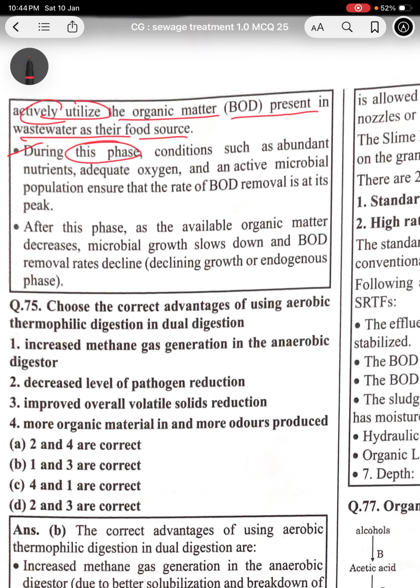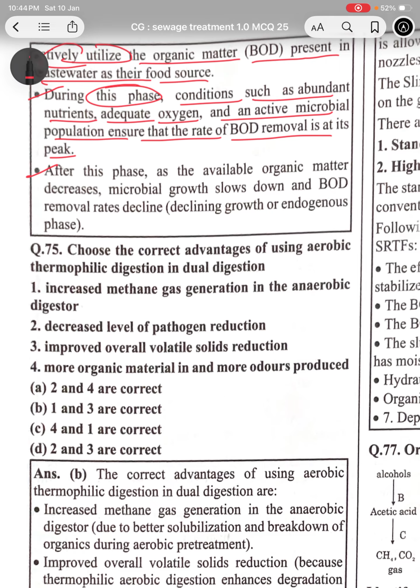During this phase, abundant nutrients, adequate oxygen, and an active microbial population ensure that the rate of BOD removal is at its peak. After this phase, as available organic matter decreases, microbial growth slows down and BOD removal rate declines, in the declining growth and endogenous phases.